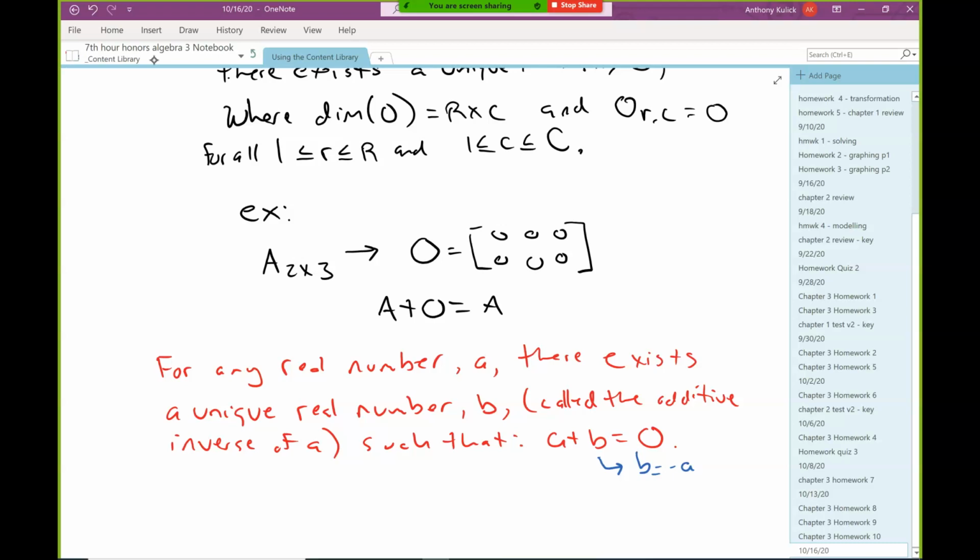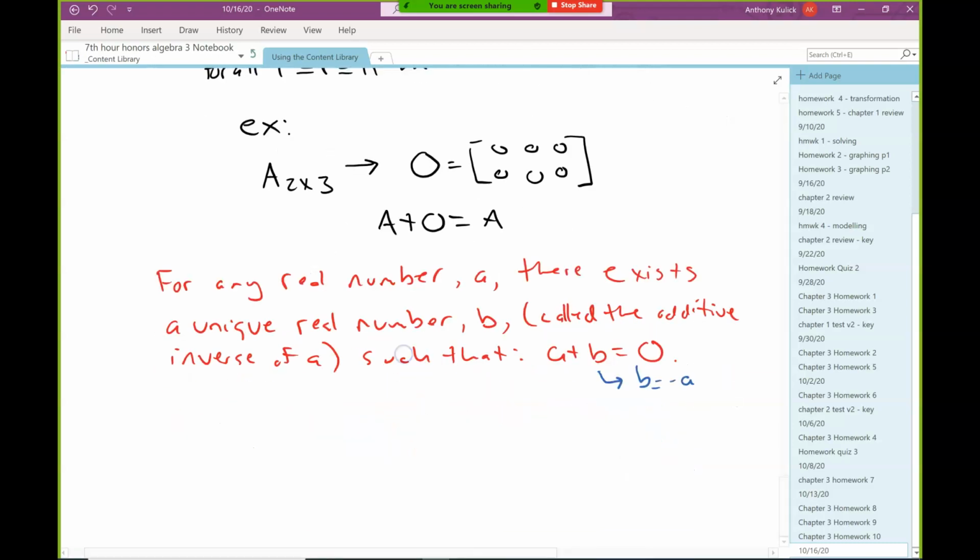Yeah, so what does the shape of that matrix have to look like? The same as A's. But what do all the entries have to be? The opposite signs of the entries in A. Everybody agree with that? Okay, so let's write that down.